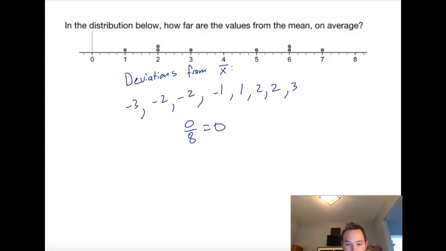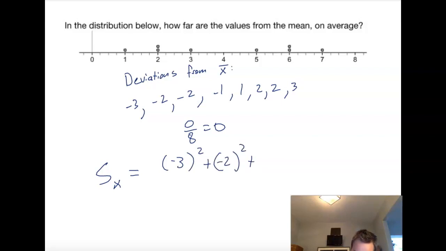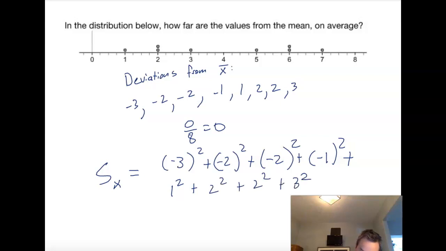So in this case, if I wanted to find the true standard deviation, which we'll generally label S sub x, I would do this. I already computed the deviations. So I would take all of that, and then I'm going to divide it by number of data minus 1.